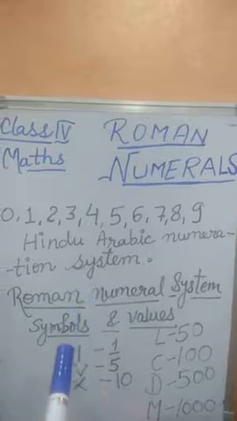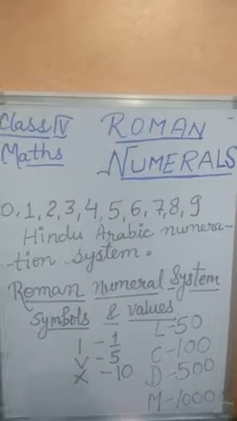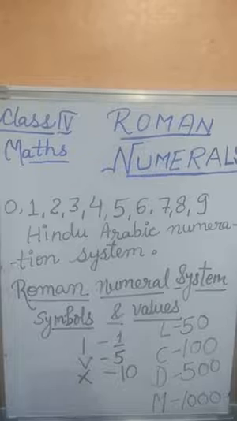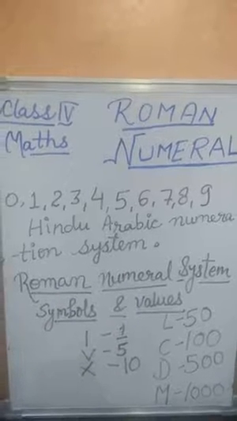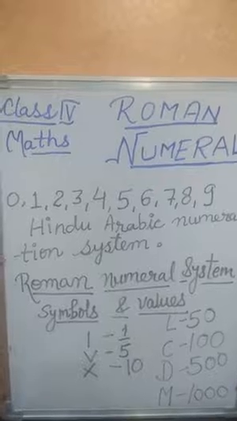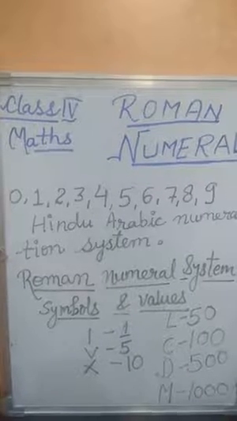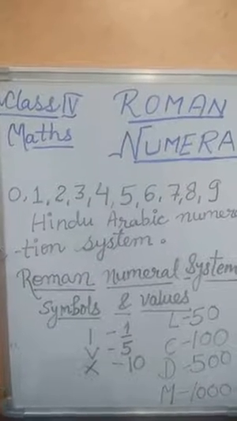So, in this system, numerals originated in ancient Rome. Okay? Now, in modern usage, it employs 7 symbols and each symbol has a fixed integer value.